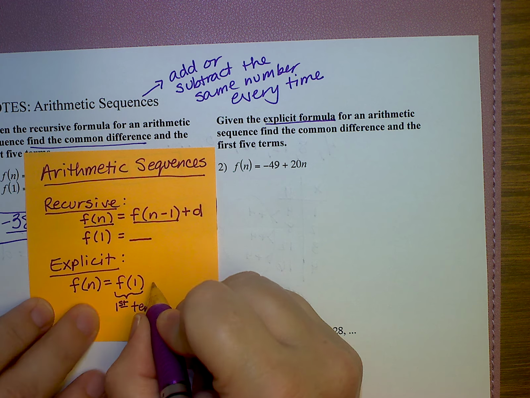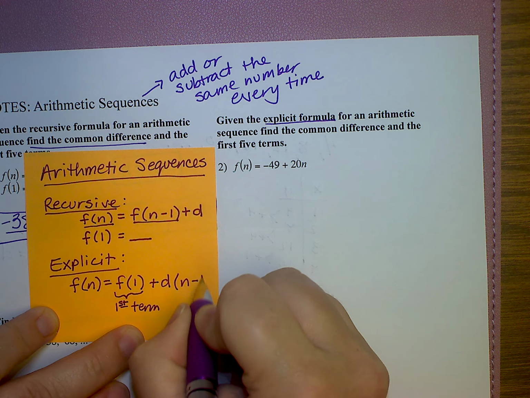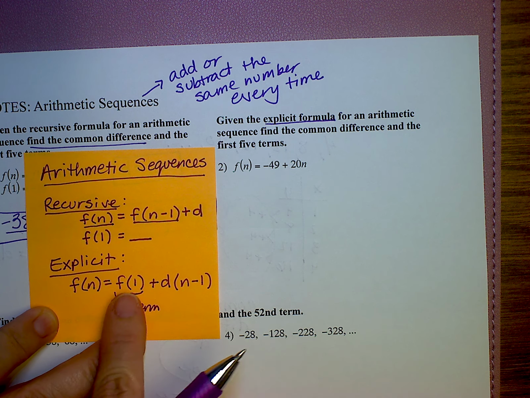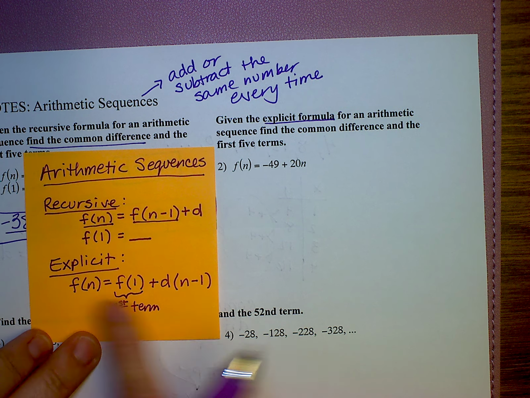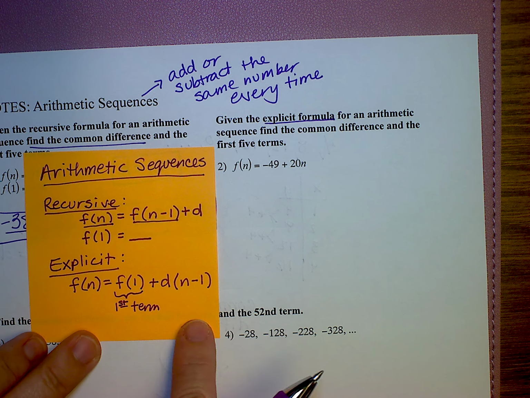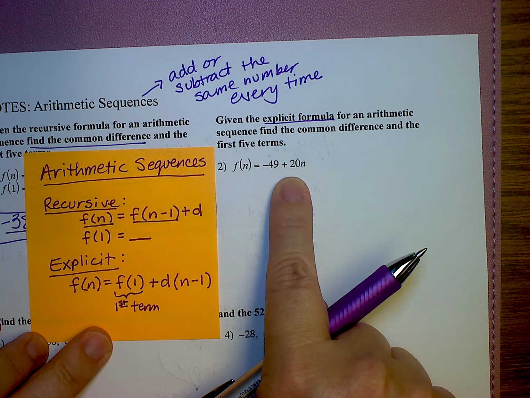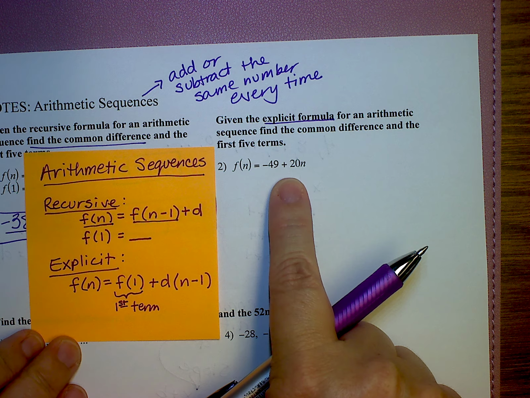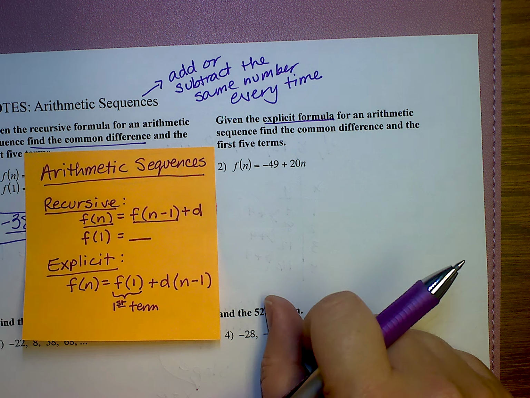So you take the first term plus d parentheses n minus 1. So that one's a little trickier. You take the first term, add d, and multiply it by n minus 1. Now I'm going to show you how to go from there, or how to get that. But do you notice that this doesn't look like that? This doesn't have parentheses in it, right? This one's a lot simpler. Yeah? I'll show you how you get from here to here on the next problem, okay?